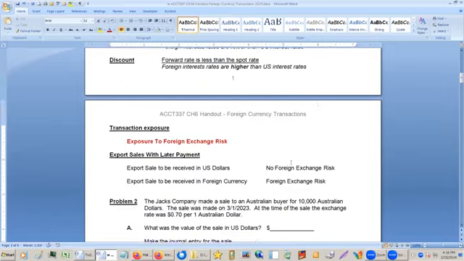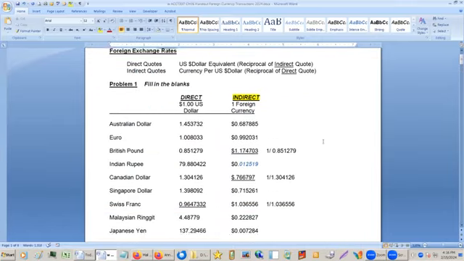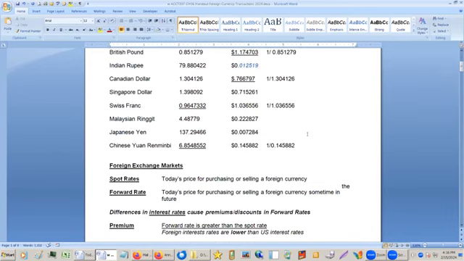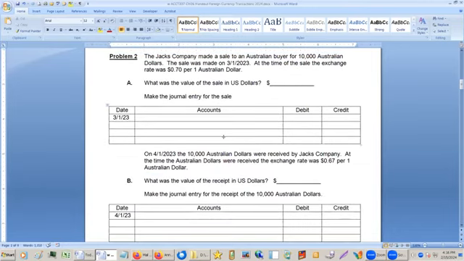Problem 2. Do we have a problem 1? Oh, yeah, we did. Okay, so there's problem 1, and here's problem 2. They made a sale to an Australian buyer for 10,000 Australian dollars. Okay, now here's the thing.